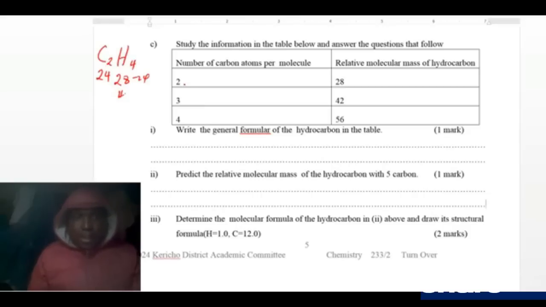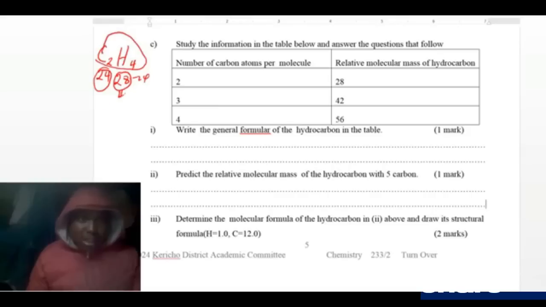There are two carbons, so carbon 12 times 2 is 24. So the mass of carbon alone is 24, but the total mass is 28, so what remains is hydrogen, which is 4. So which one is this?